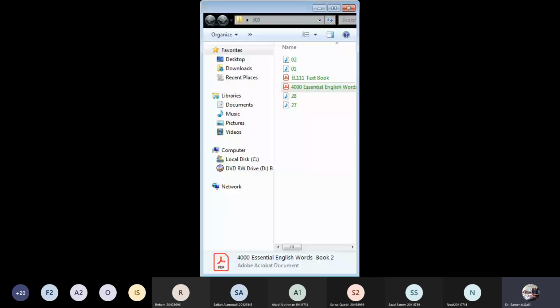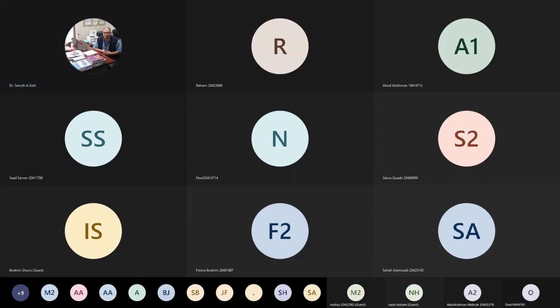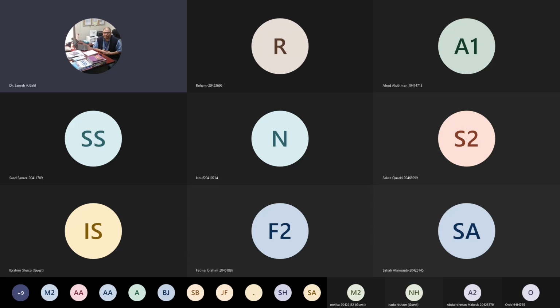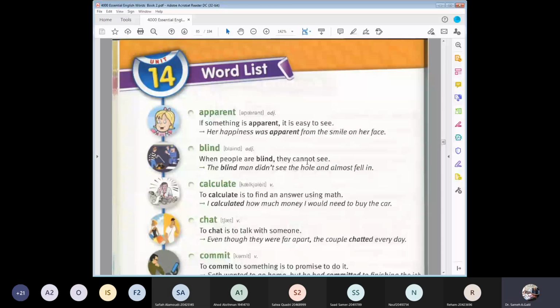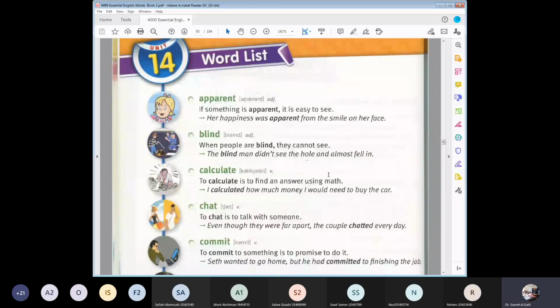One more time, sharing. I'm sure you can see that now, right? Yeah. Word list. Okay, very good.